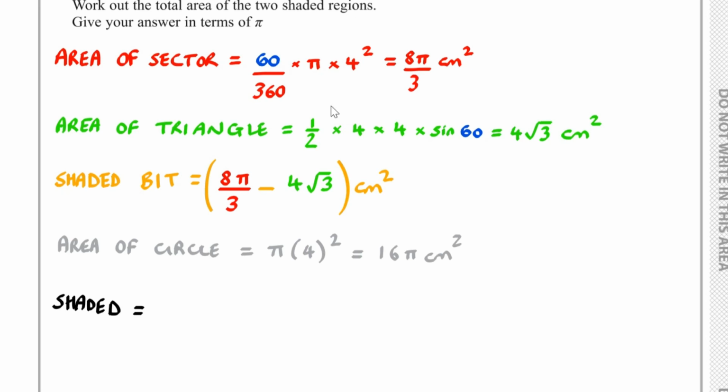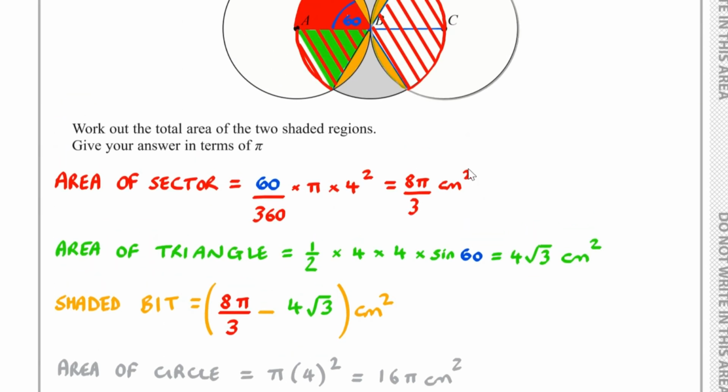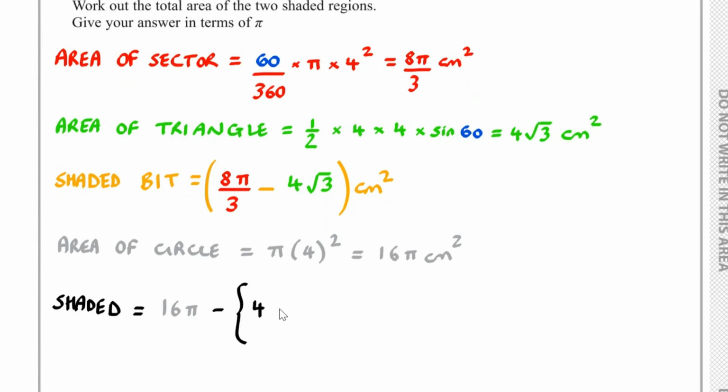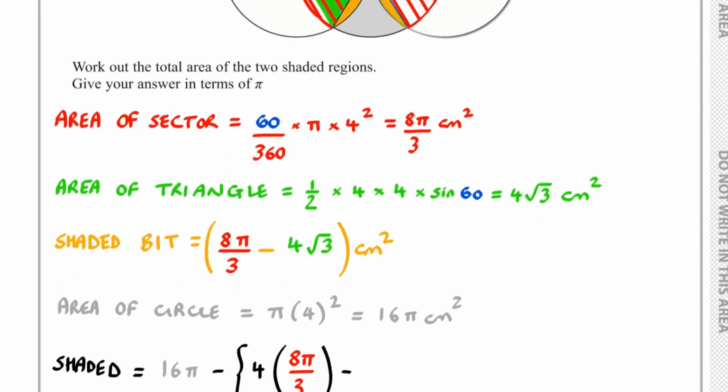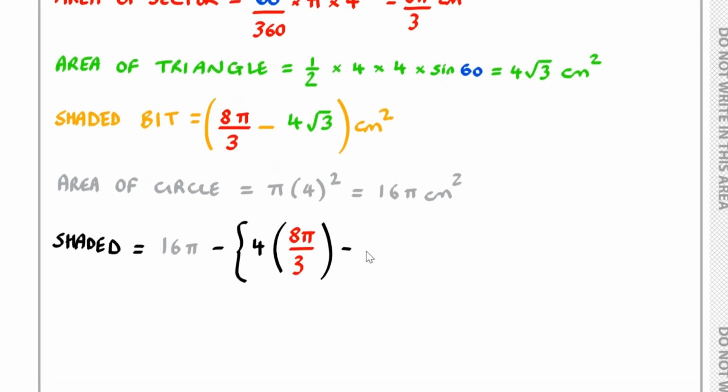So the shaded region, we've got the area of the entire circle, 16 pi, and then I need to subtract, well, what I have is 4 times the area of this sector. So I've got 4 times by 8 pi over 3, so that sector appears 4 times. And then I've also got the area of the shaded bit as well, which is 8 pi over 3 subtract 4 root 3.